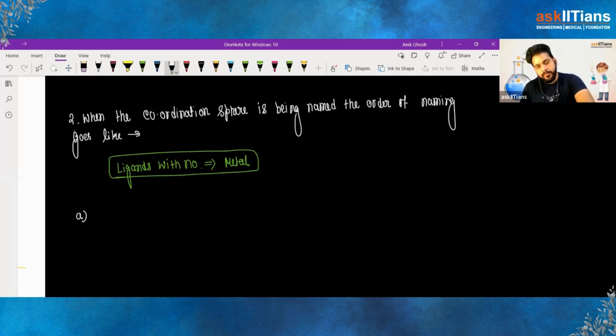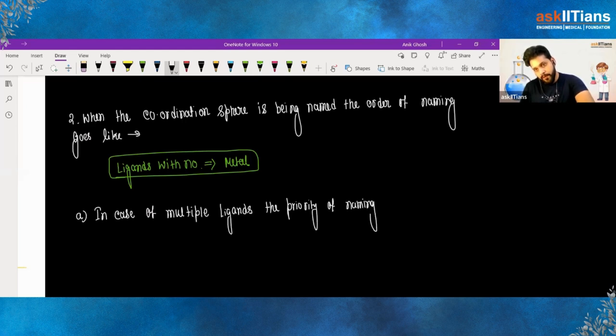Case A. In case of multiple ligands, let's say you have a heteroleptic complex, you have more than one ligand. So which ligand are you gonna name first? In case of multiple ligands, the priority of naming, so whose name would come first, follows alphabetical order.